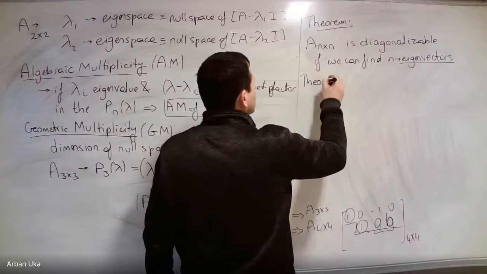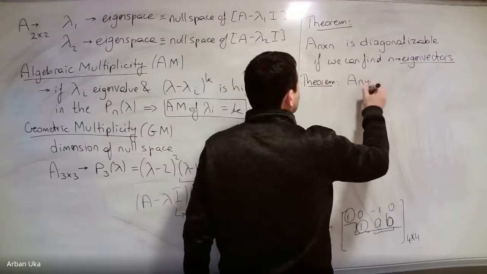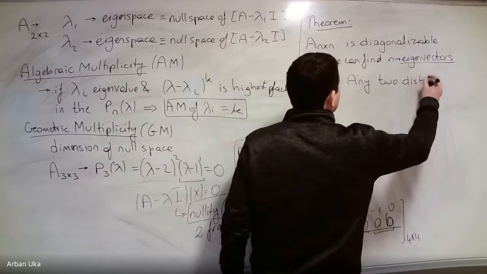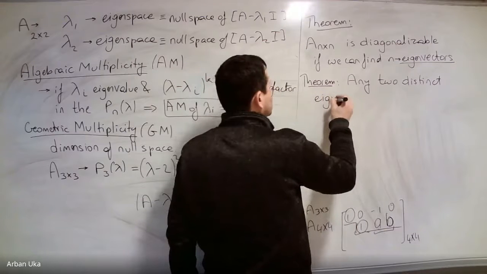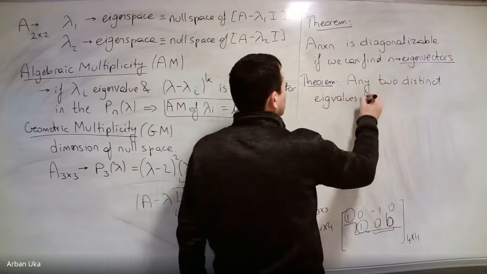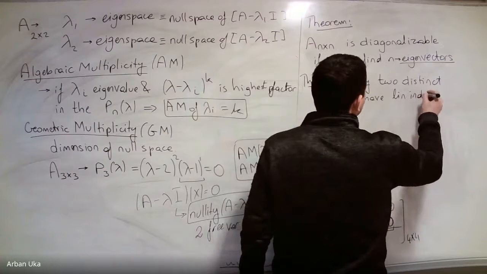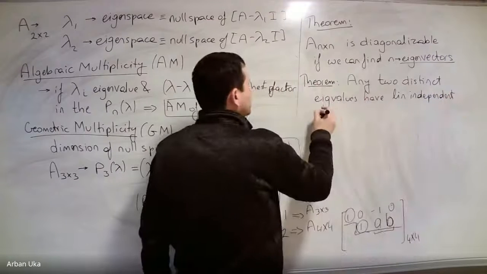Another important theorem is the following. Any two distinct eigenvalues have linearly independent eigenvectors.